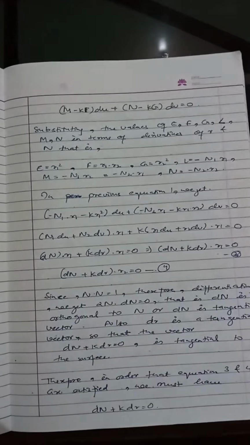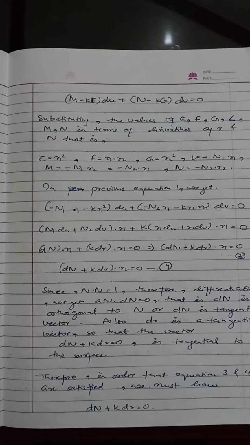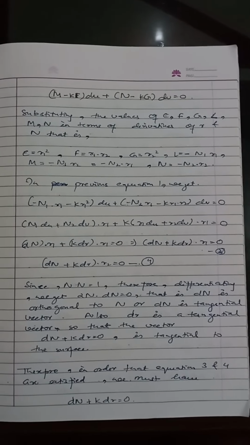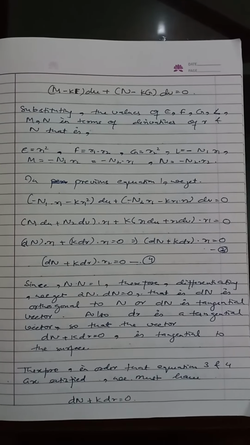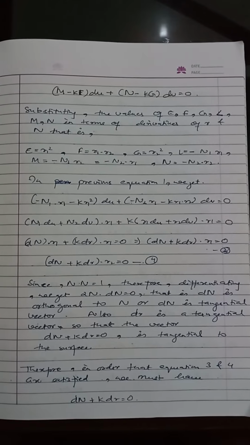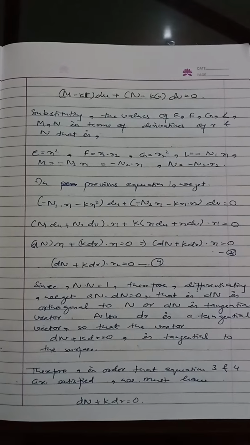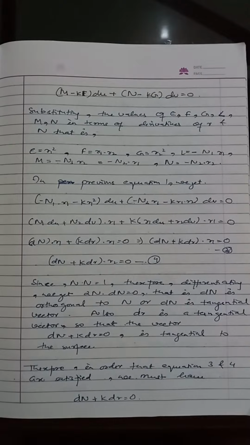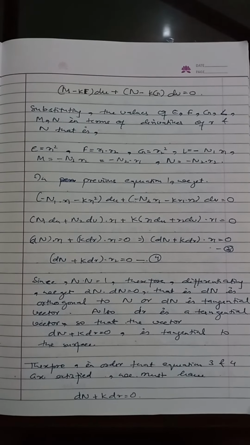In the previous equations we get (minus n1 dot r1 minus kappa r1 square) du plus (minus n2 dot r1 minus kappa r1 dot r2) dv is equal to 0, which can be written as (n1 du plus n2 dv) dot r1 plus kappa (r1 du plus r2 dv) dot r1 is equal to 0.